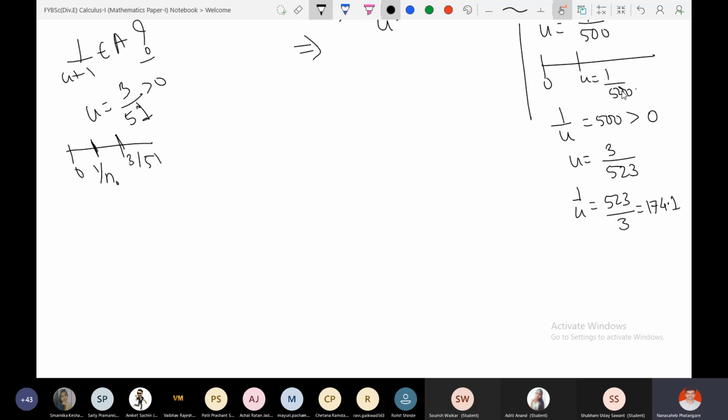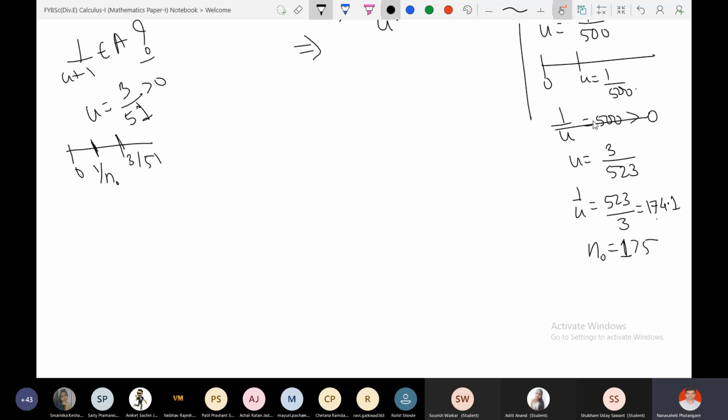So if u is 1 upon 500, then 1 by u is 500. But if u is 3 upon 523, then it is 174 point something. So what is the main point? If you choose a real number u greater than 0, 1 by u is a positive real number. And I choose a particular n, which is 175.